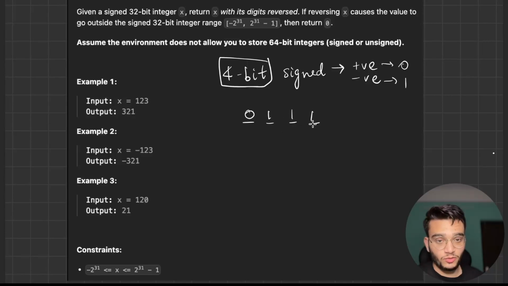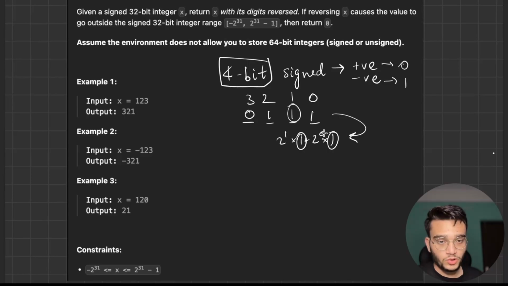So how you actually calculate the integer value from this is 2 to the power 0 into 1 plus 2 to the power 1 into 1. This 1 is actually multiplied by the place of the bit. So this is the 0th bit, this is the first bit, this is the second bit, and this is the third bit.